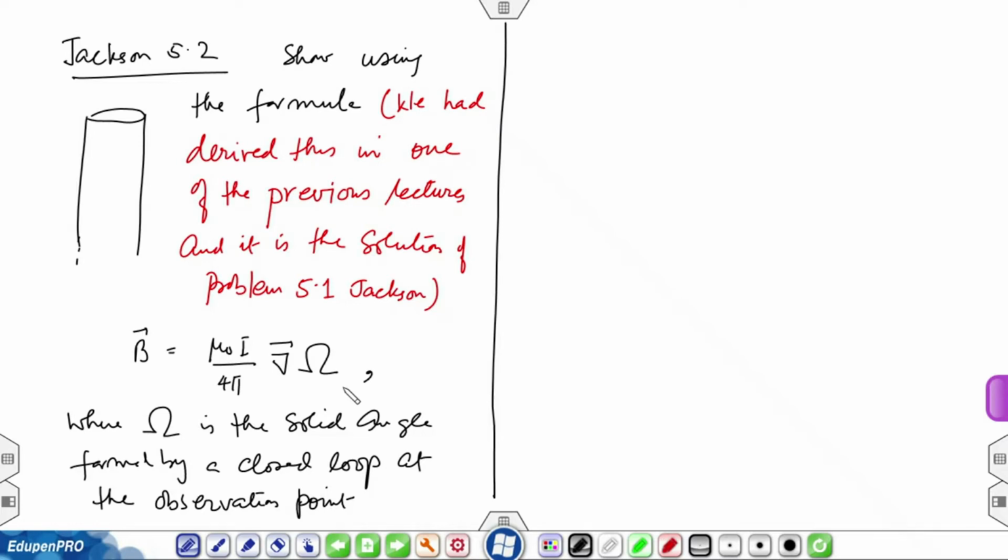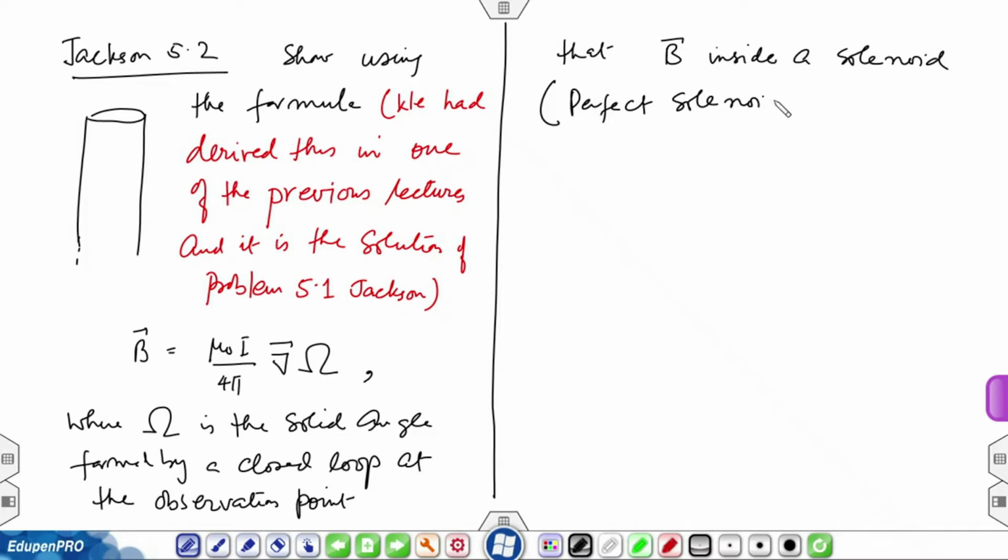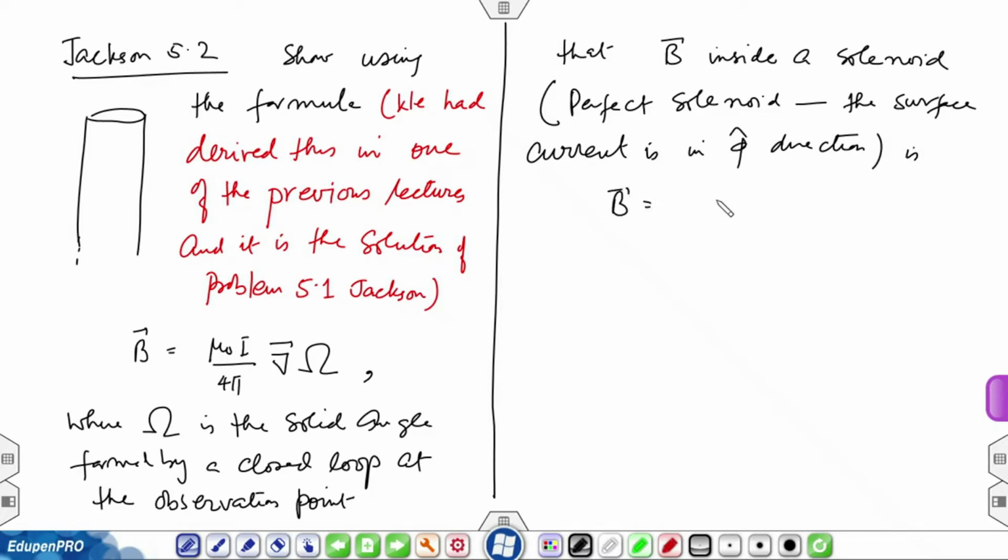So, it says show using the formula there B equals this, which we had also solved earlier, that B inside a solenoid, and I am going to call it perfect solenoid, so that the surface current is in phi direction and no other component, is B equals N I z. I am using cylindrical coordinates. So, let me write this.